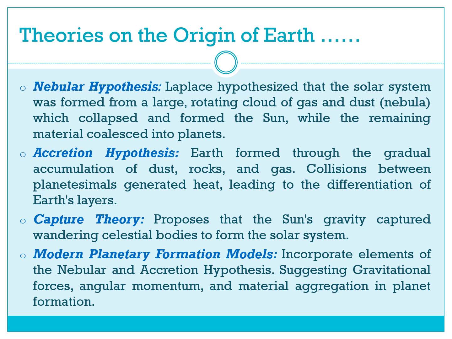Accretion hypothesis. According to this hypothesis, Earth was formed through the gradual accumulation of dust, rocks, and gas. Collisions between planetesimals generated heat, leading to the differentiation of Earth's layers.